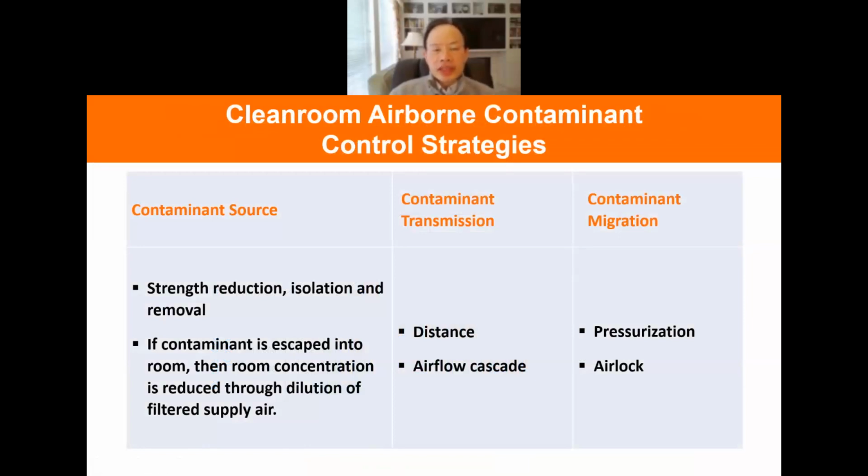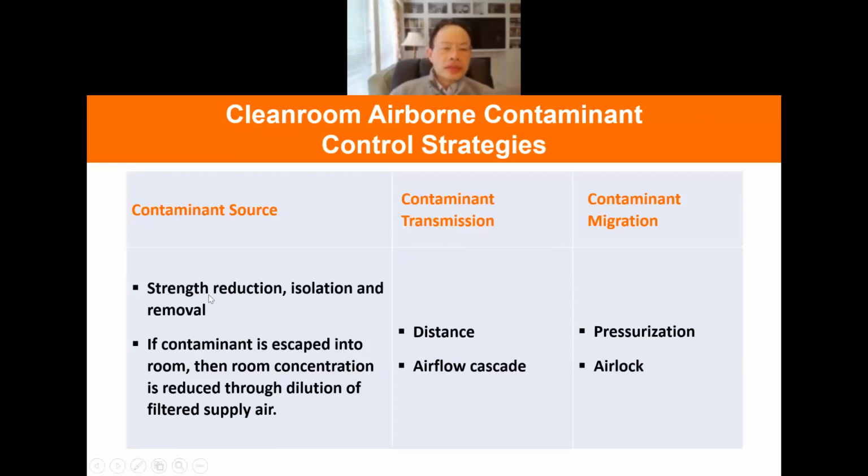During this new standard development, we introduced and also clarified certain concepts. For example, we divided into three categories: contaminant source, contaminant transmission, and migration.